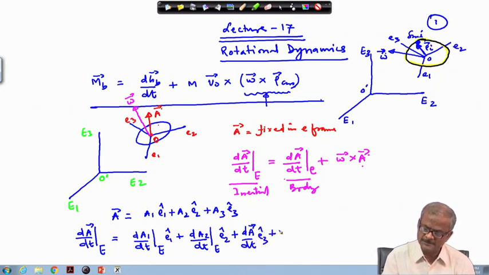Plus, now we have to take the derivative of all these unit vectors.